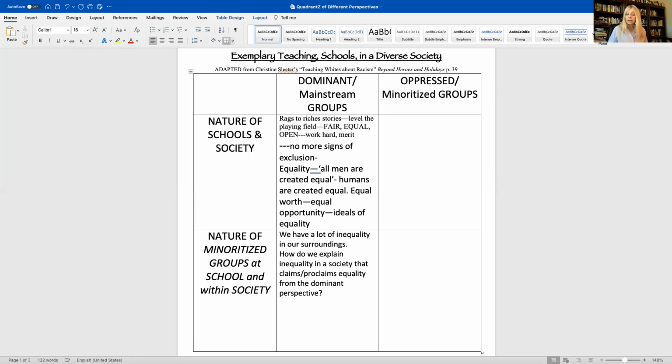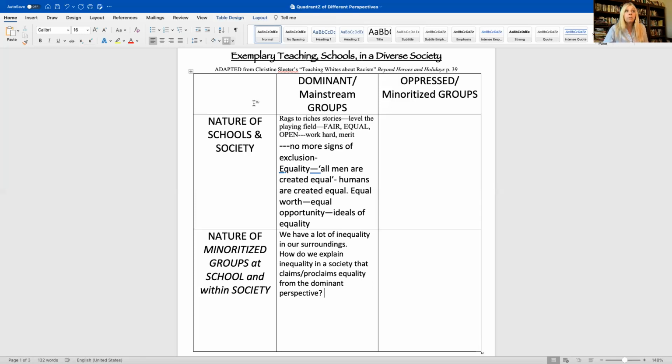We've got to explain it, right? If we didn't say a word about equality, we wouldn't have to explain it. But since our whole identity as a nation is grounded in this issue of freedom, liberty, justice, equality, we set ourselves up for this problem where we have to explain the inequality that's around us.